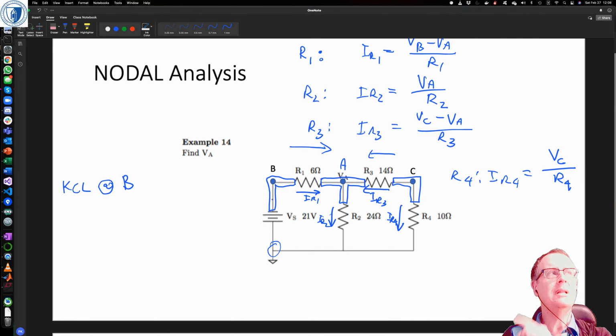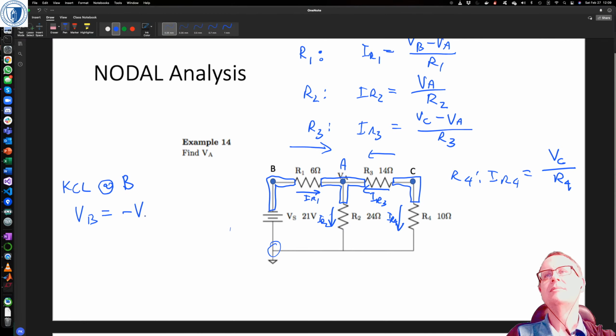And in nodal analysis, there's an analogous freebie, and the analogous freebie is that when there is a voltage source connected between the reference node and a node, then we can write out the node voltage directly. So in this case, we can just write out that the voltage at B is equal to minus Vs, which is minus 21 volts.